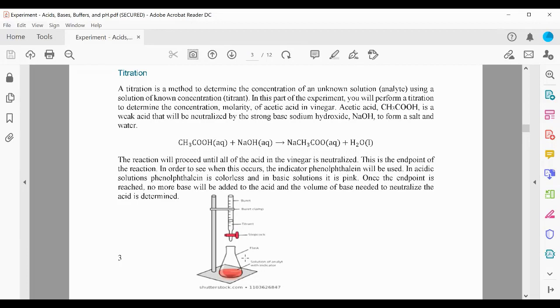Then you start adding base, and the color of phenolphthalein in basic solution is pink. That's how you know we are at the end point, close to the equivalence point. One drop of the base near the end point is usually enough to change the color of the indicator.